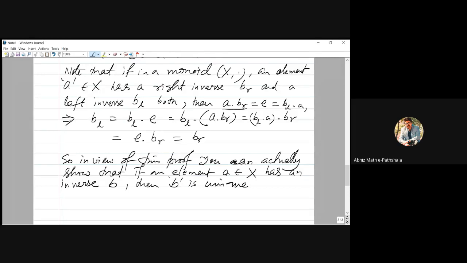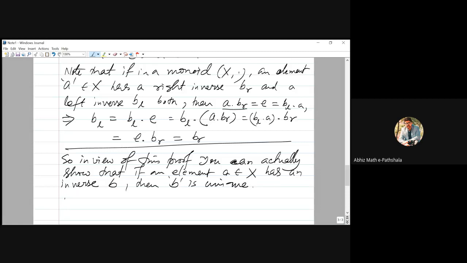Okay, I left this as an exercise to you, just using the same thing that I did for the right and left inverse case. So you can show that the existence of an inverse for an element is unique.